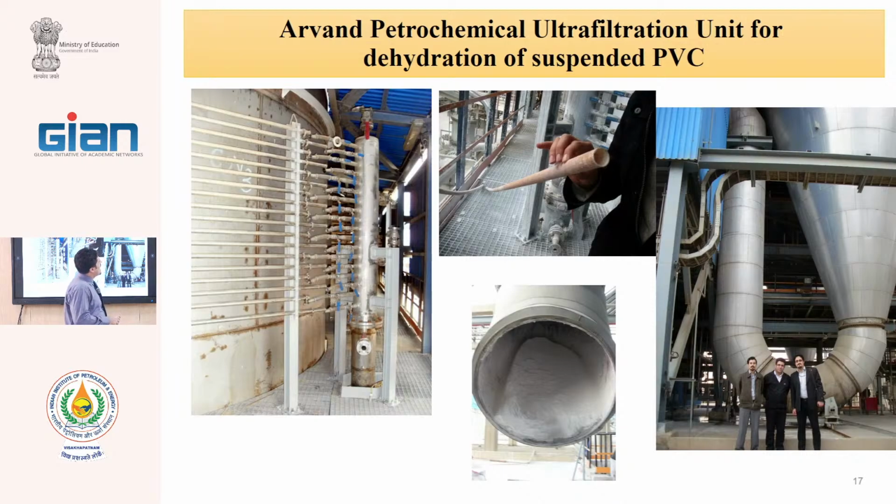Another application of membranes in petrochemicals in Iran is the use of tubular polymeric membranes. In the production of PVC polymer, one method is the suspension method. We have an emulsion method and others.